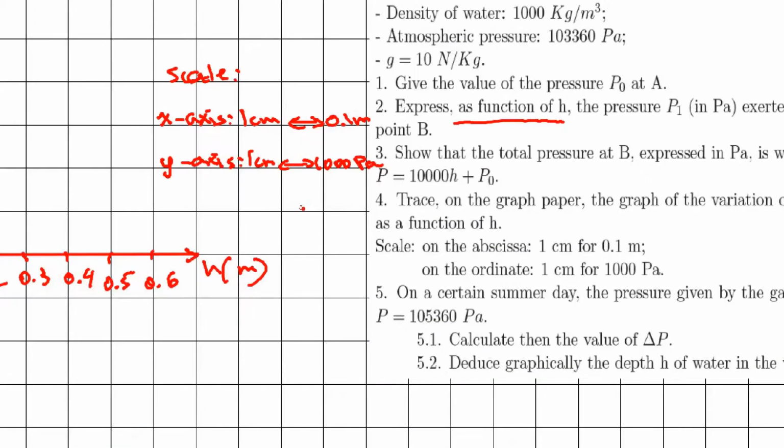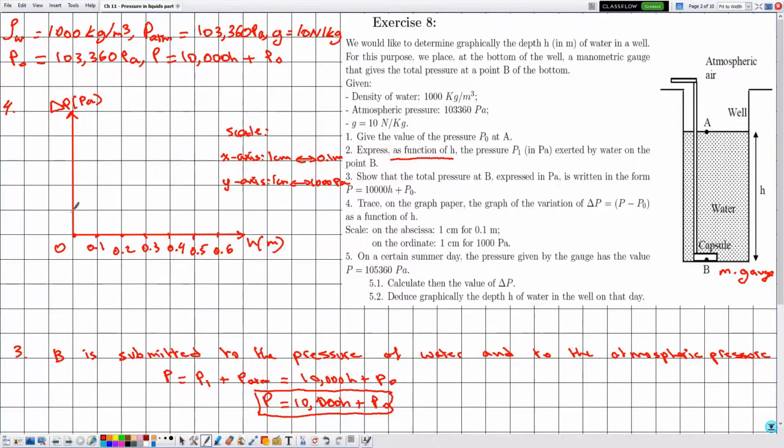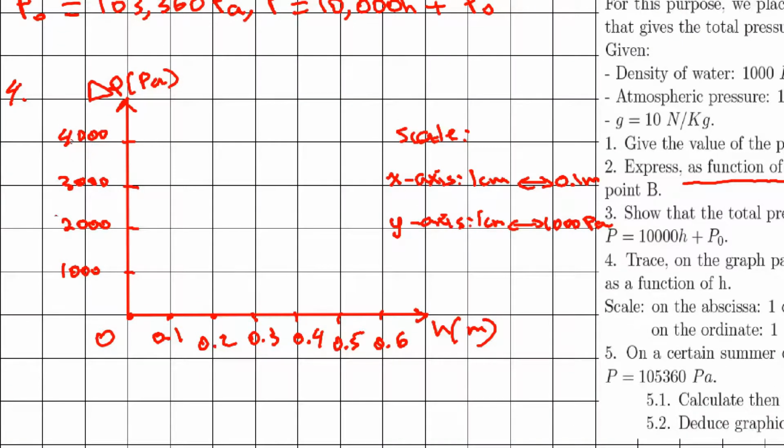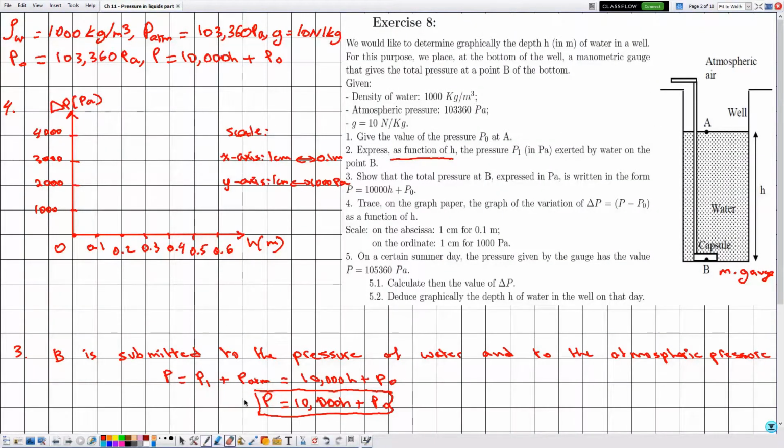And now as for the y-axis, each 1 centimeter corresponds to 1000 Pascal. So this is 1000, this is 2000, this is 3000, and this is 4000. So notice that these values don't carry any unit because the unit is already included on the axis itself. And let me make it clear that this is H in meters, the height.